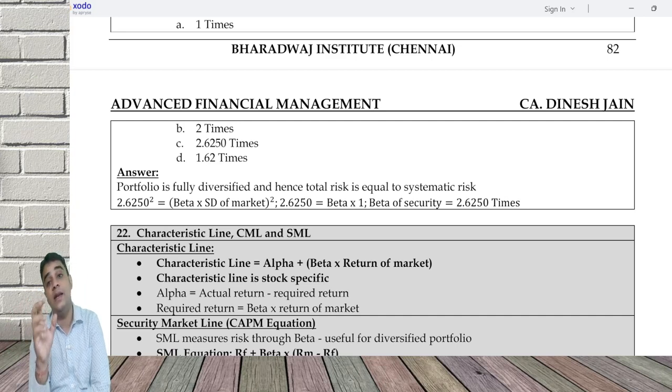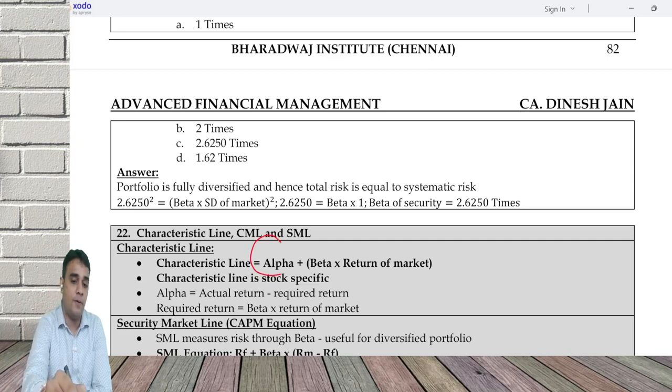And you may be generating something more, which is called alpha. So to put a characteristic line, I need alpha plus beta into return of market. This characteristic line will be different for TCS, will be different for Infosys, will be different for Tata Motors.